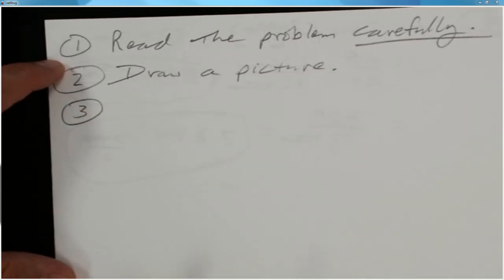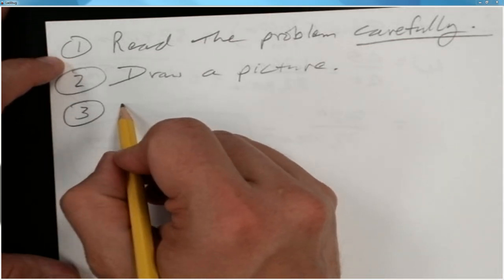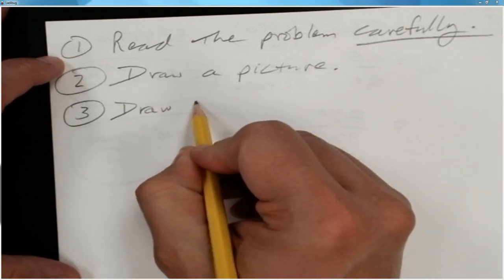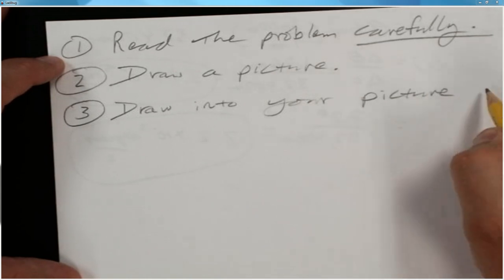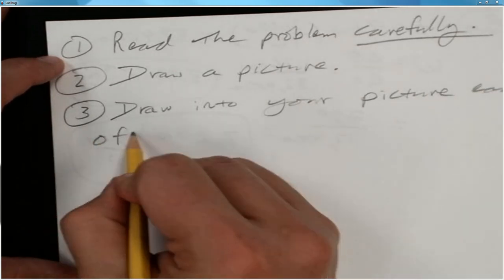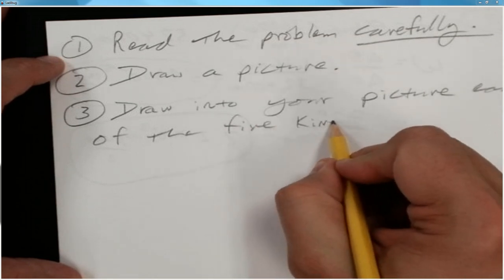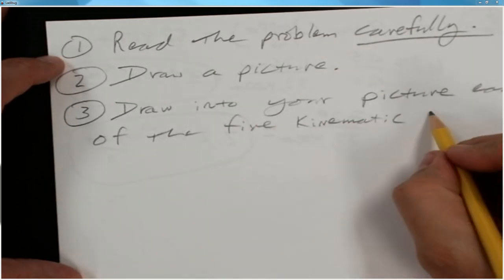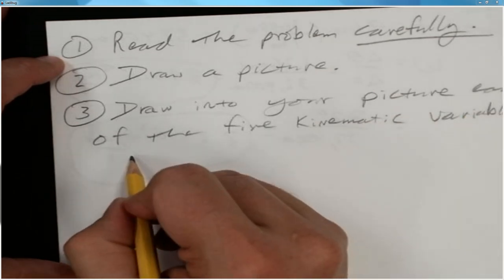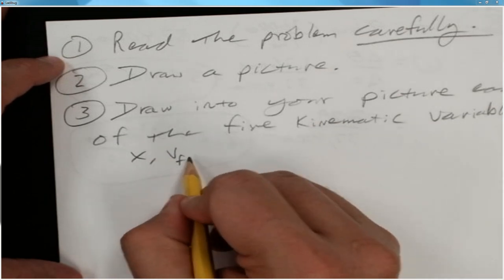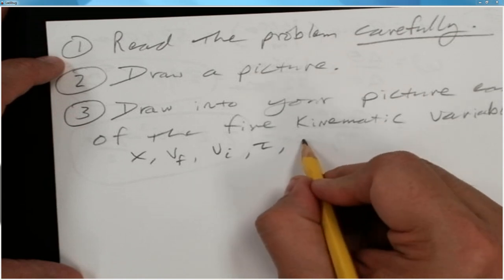When working in kinematics, you need to draw into your picture each of the 5 kinematic variables. And those are x, vf, vi, t, a.